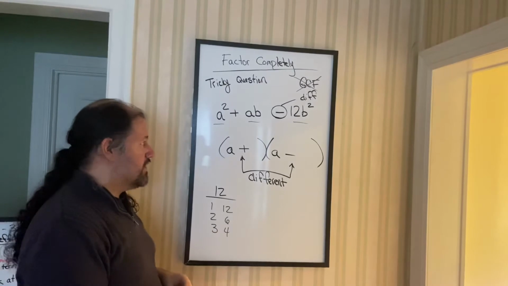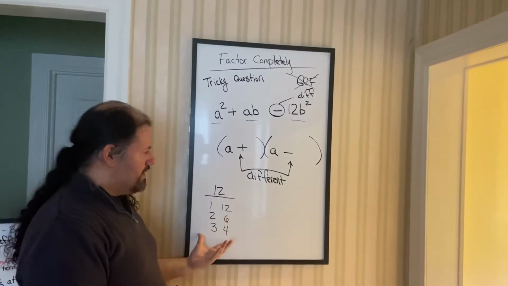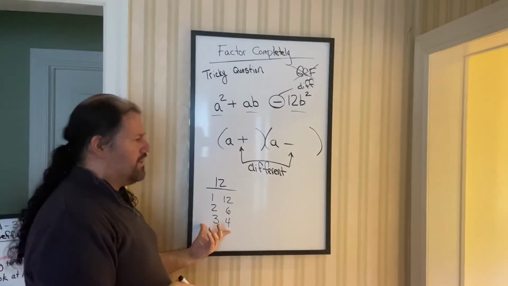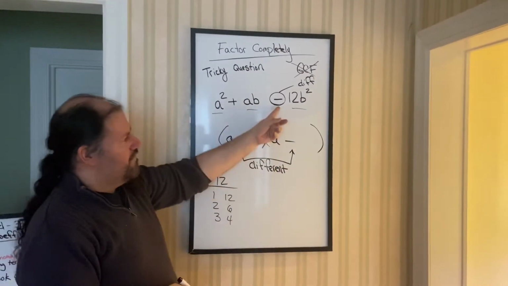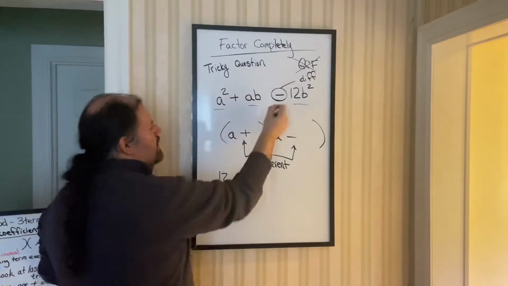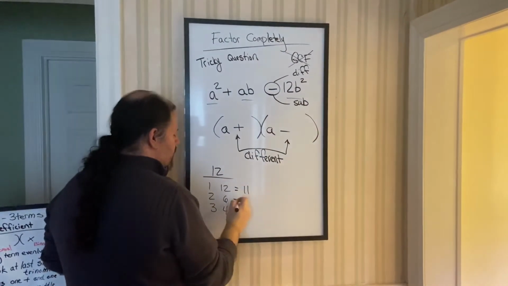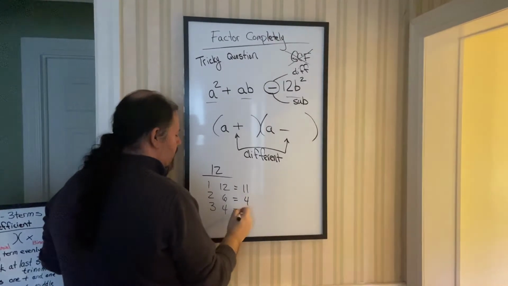We got 3 combos. Now that we got our list, step 3, step 4, let's see what we have to do with this list. Are we going to add or subtract? Remember, anytime it's different signs, we're always going to subtract our list. So when I subtract, I get 11, I get a 4, I get a 1.